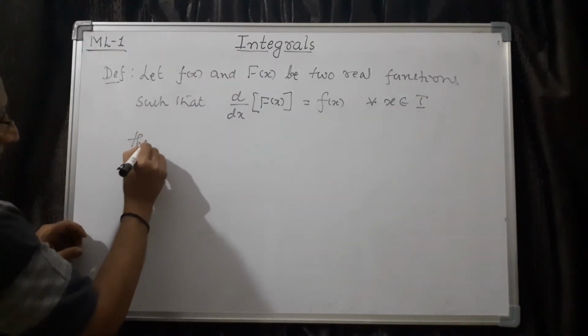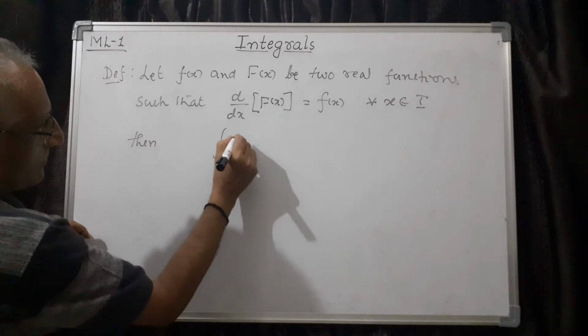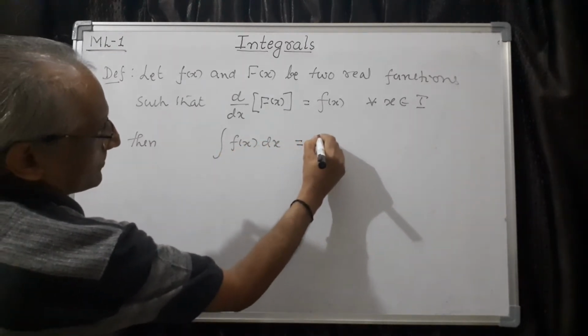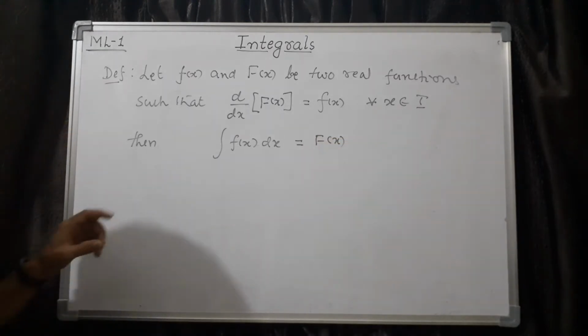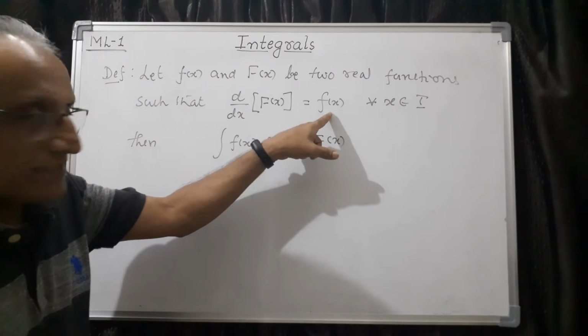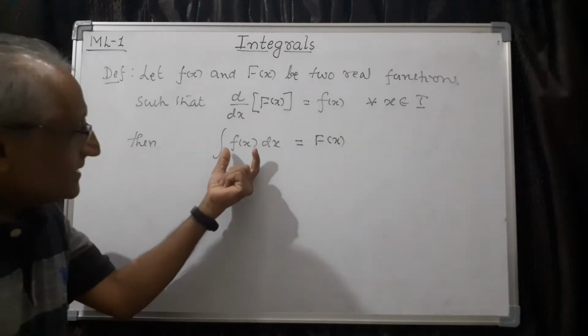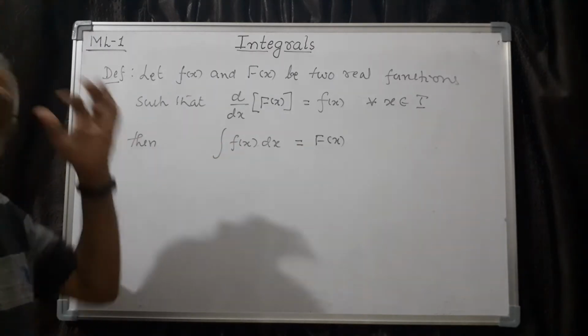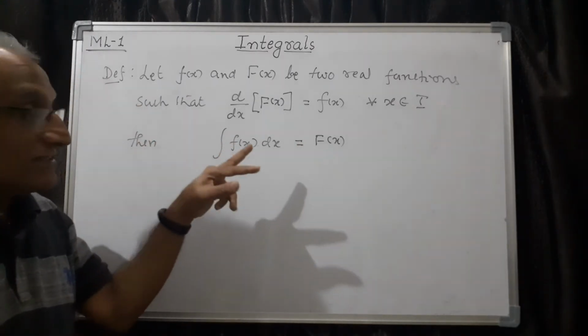Then integration of f of x dx will be equal to F of x. That means the derivative of capital F of x is small f of x. Integration of small f of x is capital F of x. That's why it is called the reverse process of differentiation.